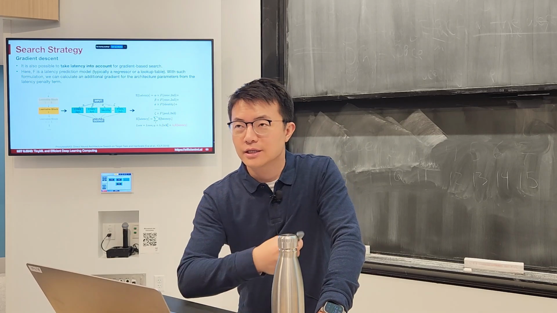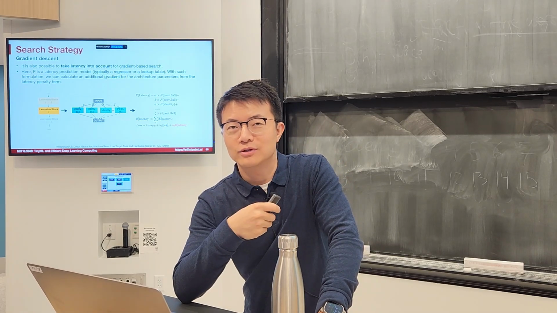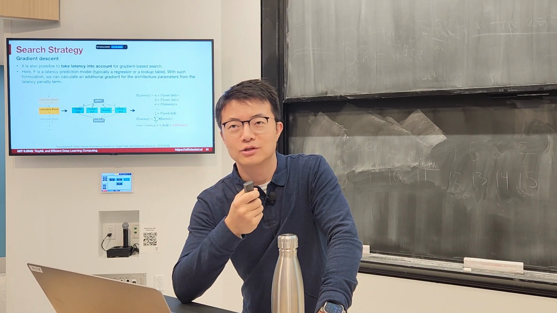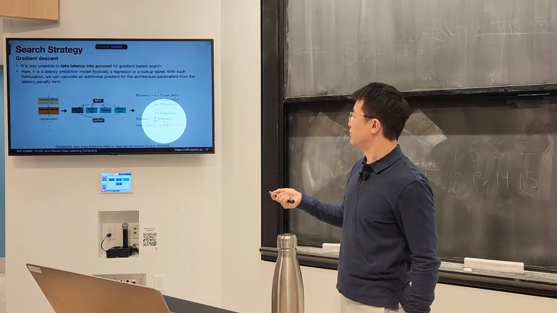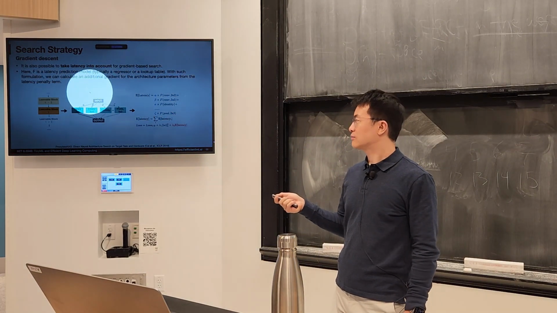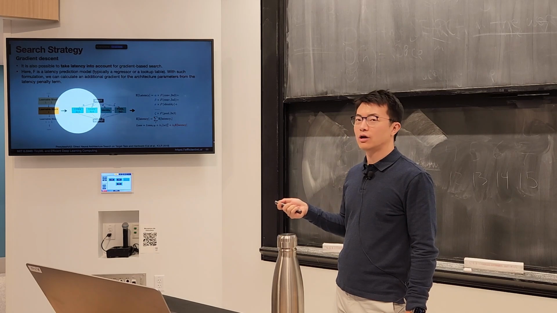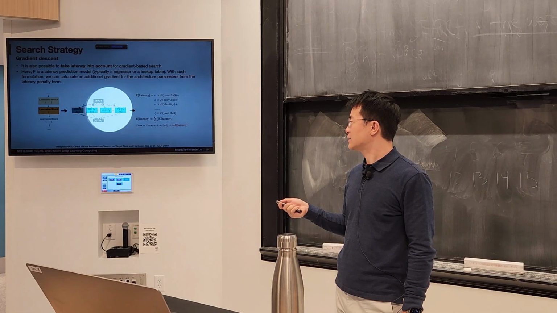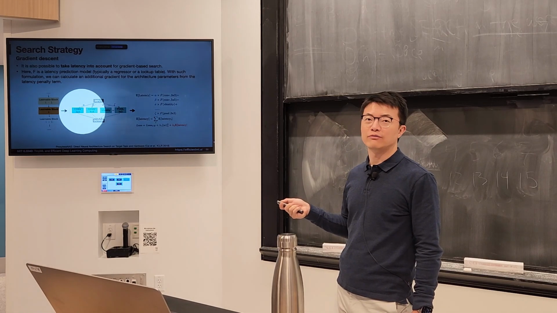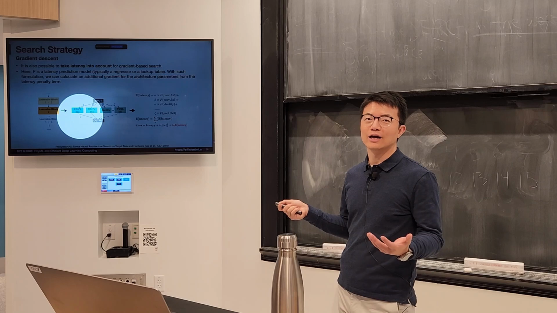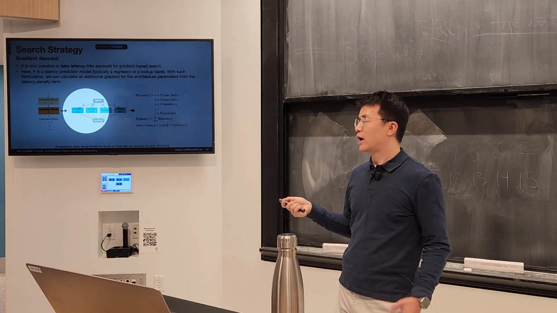How about latency? Can we also make latency differentiable? If so, that'll be interesting, right? So here we have 4 different choices for this layer: 3x3 conv, 5x5 conv, identity, and pooling. Okay. From the accuracy perspective, 5x5 probably has higher expressiveness, higher capacity.